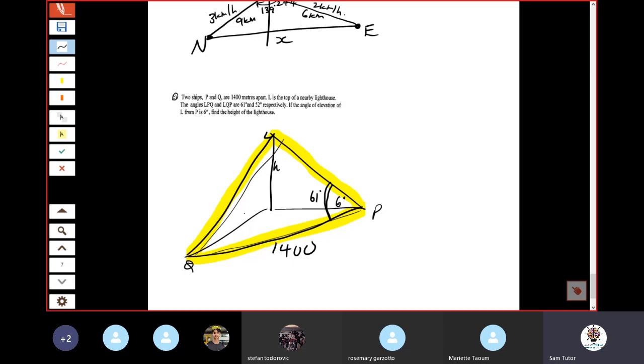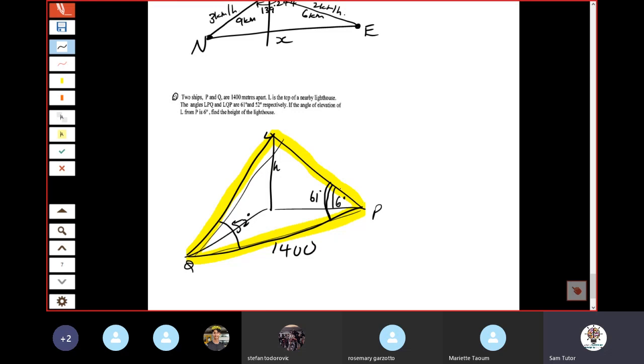LQP is 52 degrees. And it just says the elevation to there is 6 degrees. Find the height of the lighthouse.